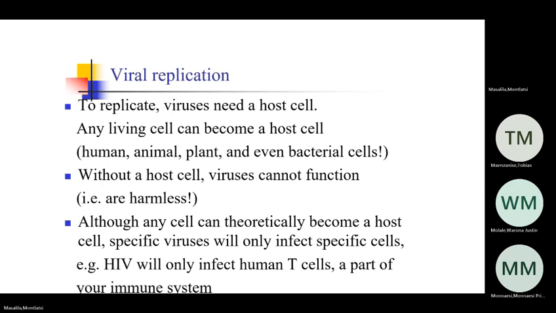This can be an animal or human cell, anything, as long as that cell is independent. These viruses see that conditions are good, so they can survive there. Without a host cell, viruses cannot function, they are harmless. Why?